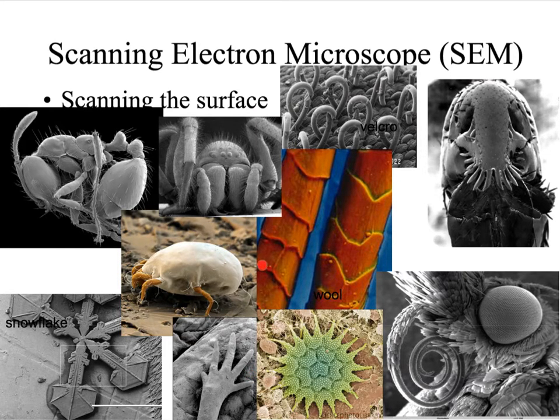There's also a mite, something you might find on dust. And then here in the corner, one of my personal favorites is a snowflake. So scientists got the bright idea to freeze one of these electron microscopes so they could actually take pictures of what the snowflakes look like on the outside. There's a really stunning set of pictures that come along with this.